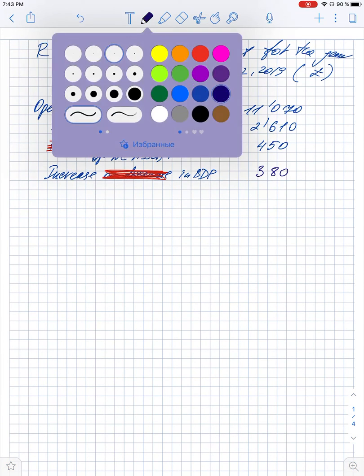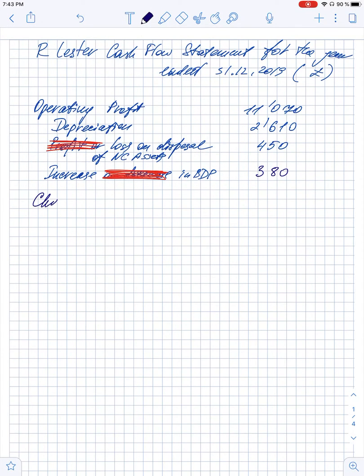Do you remember what is working capital? Basically, working capital is current assets and current liabilities.